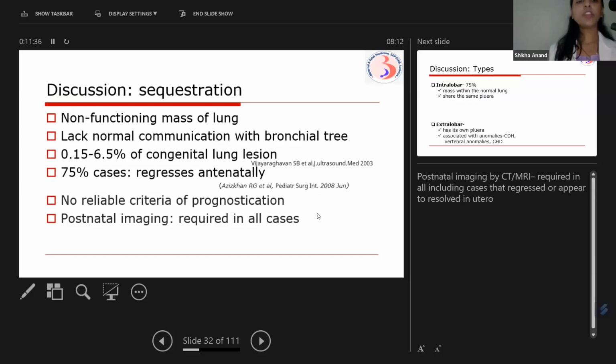They account for 0.1 to 6.5% of the total congenital lung lesions. Most of the cases, around 75%, regress antenatally, but there are no reliable criteria to determine which lesion will grow and lead to hydrops versus those that will stabilize or regress. Therefore, serial ultrasound follow-up is required in all cases. And also postnatal imaging is required in all cases, including the cases that regressed or appear to resolve in utero.